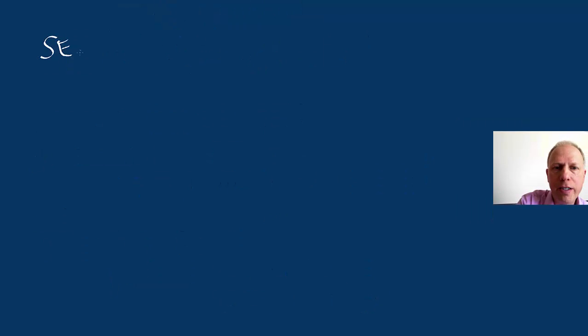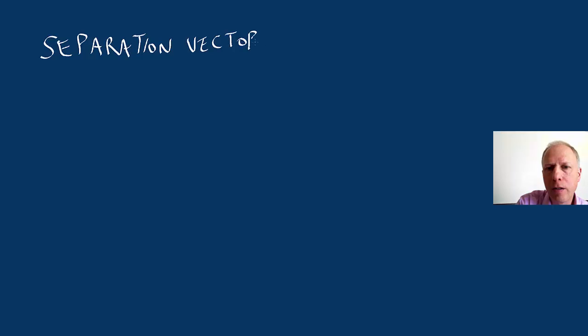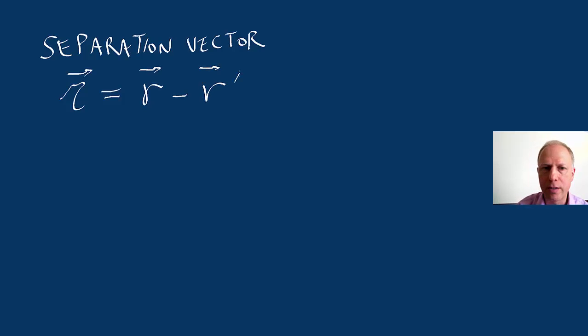So, very often we need to refer to the separation vector, which in this book is denoted with a little script r. A cursive r. r minus r prime is script r.